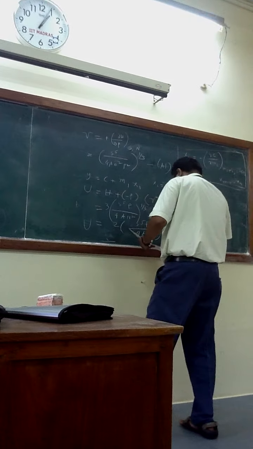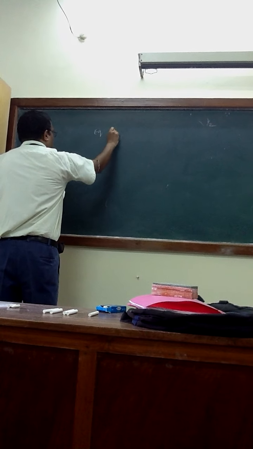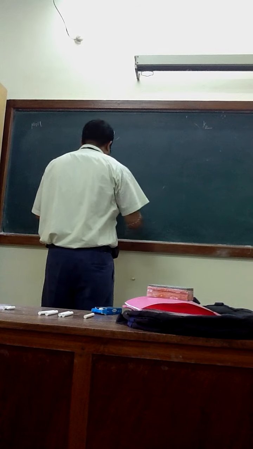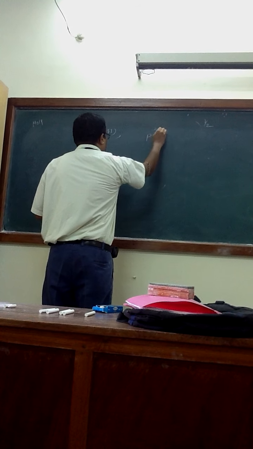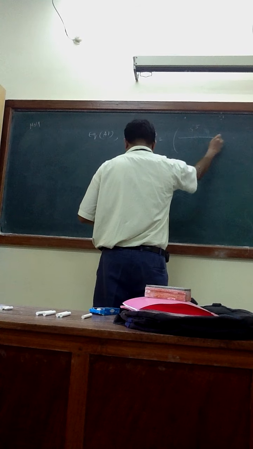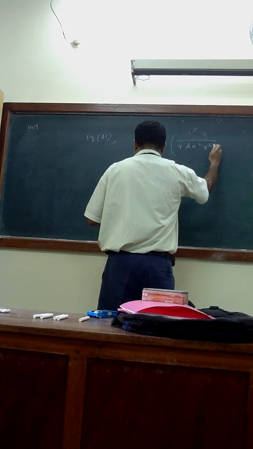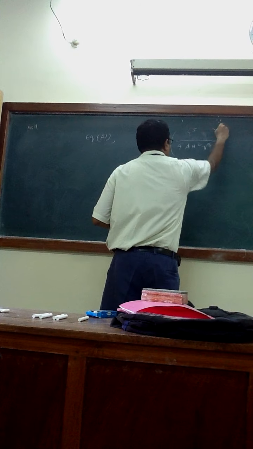This is my equation number B1. I use equation A1. If you look at your slope equation, what do you have? P to the power 2/3 equals s to the power 5, 4 a square b cube, whole to the power 1/3.